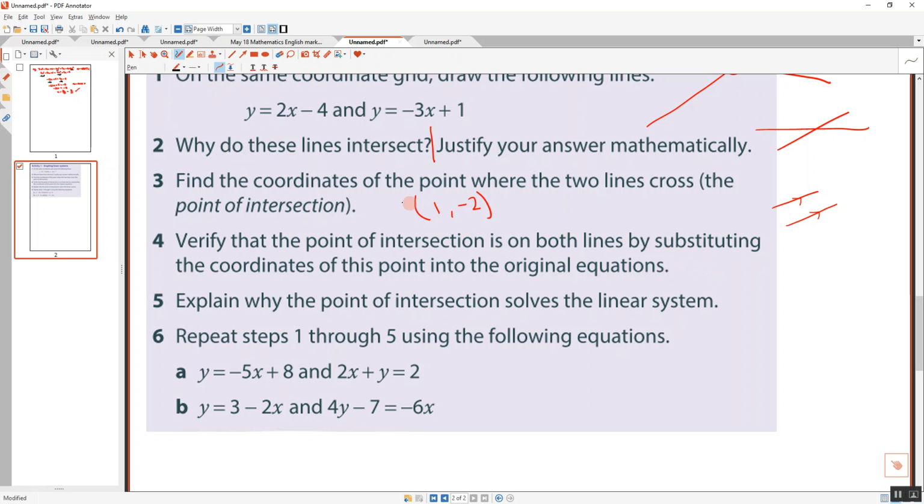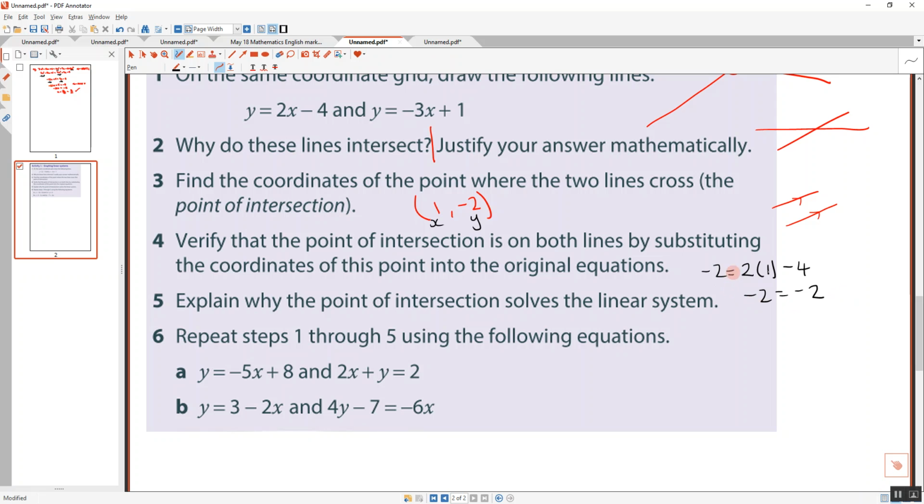Well, the equation is y equals 2x minus 4. You know that the 1 is x, so you put the 1 where x is, so it would be 2 times 1. And you know that negative 2 is y, so it's negative 2 equals 2 times 1 minus 4. Which equals?